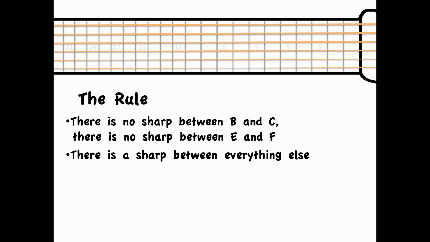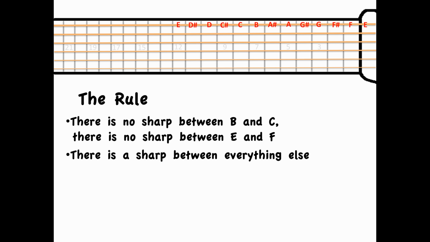We know this is the open E string, so the open string is an E. So the first fret must be an F because that's our rule, E and F. After F comes F sharp, G, G sharp, A sharp, B. Again, here's our rule, so the next note is C, C sharp, D, D sharp, and E again. So here we are on the 12th fret.